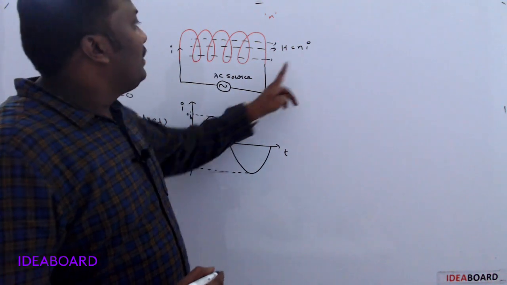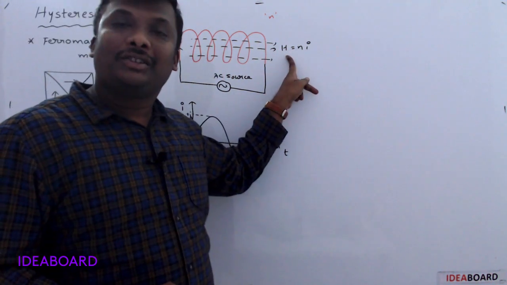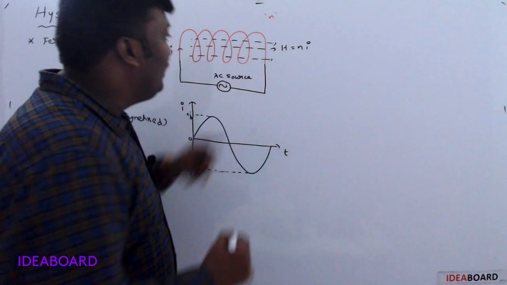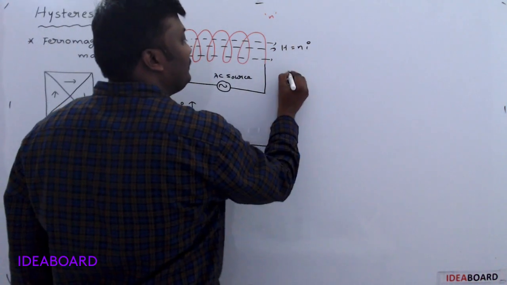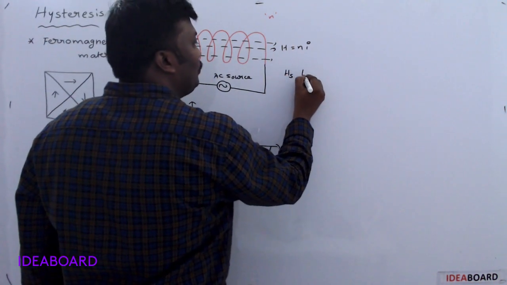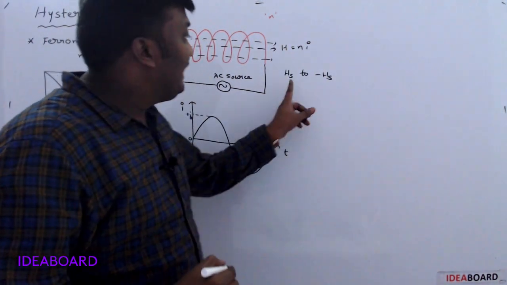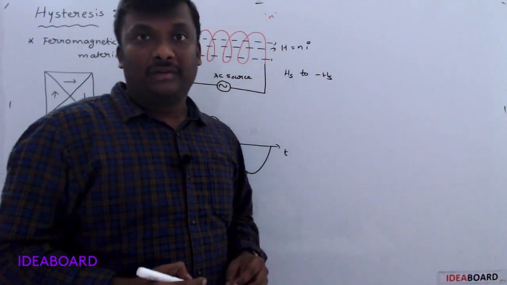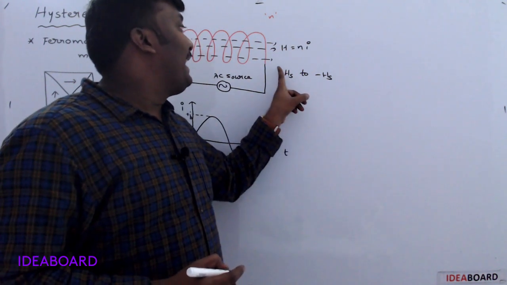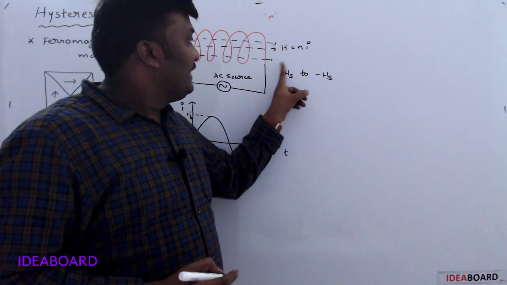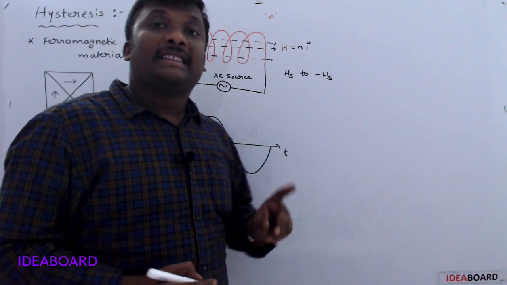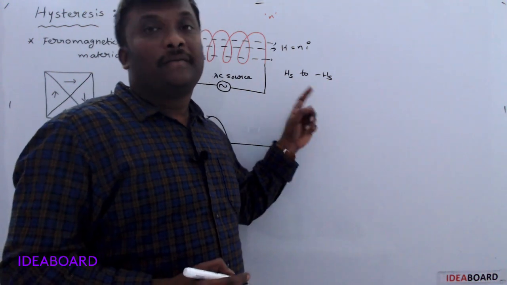Whenever I varies, H also varies. So here H varies from Hs to minus Hs. S indicates saturation, so Hs is named the saturation magnetizing field.